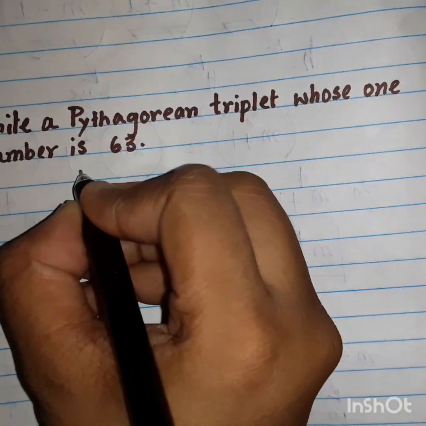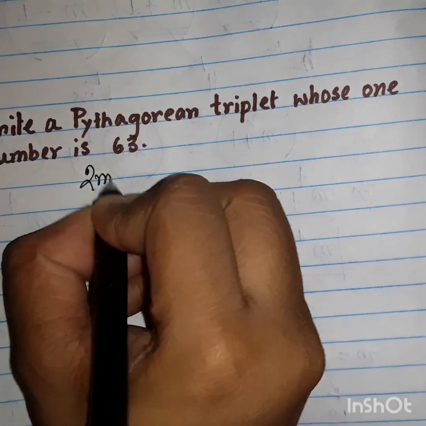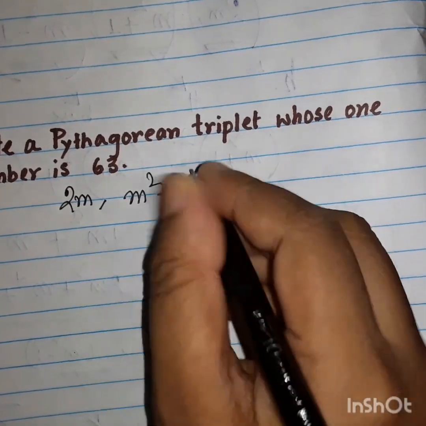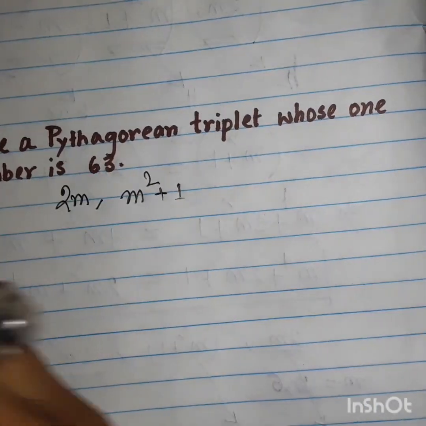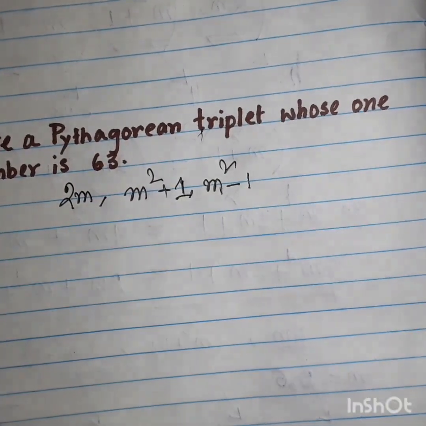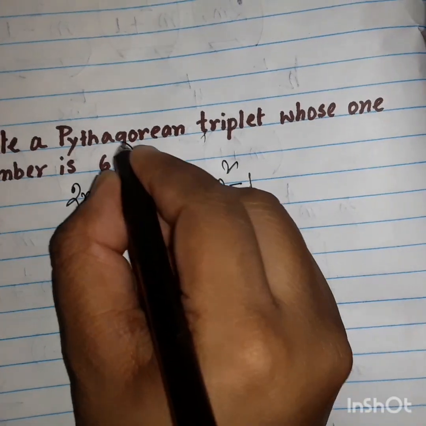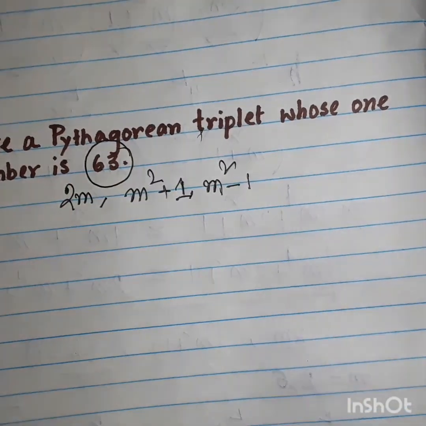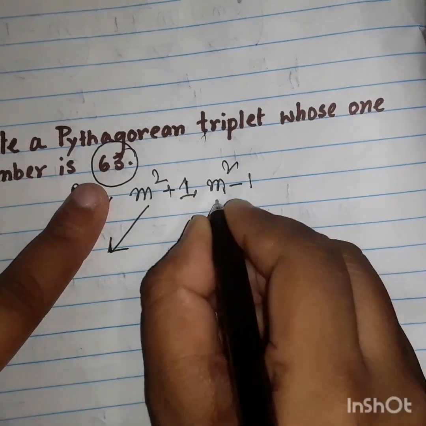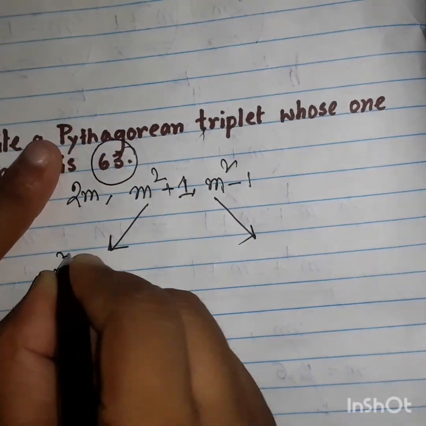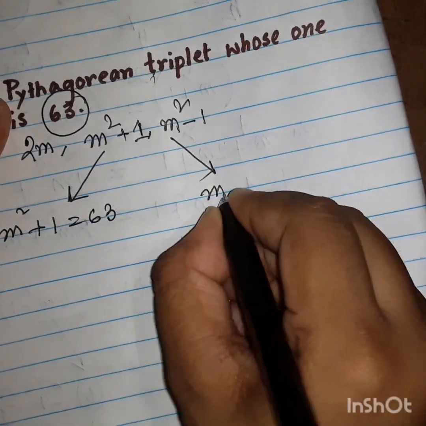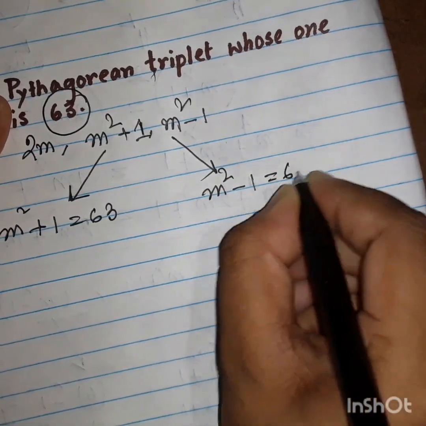We already read that 2m can be one number, m square plus 1 can be another one, and m square minus 1 will be the third one. Now as we have an odd number, it cannot be 2m. So only two possibilities are there: m square plus 1 can be equal to 63, or m square minus 1 can be equal to 63.